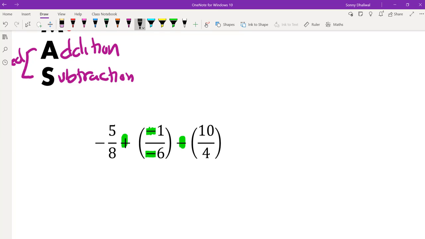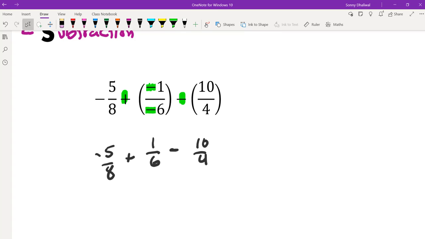So just those two negatives cancel each other to make a positive. So this negative right here remains, and the negative in front of the 5/8 remains. Okay? I'll bring that up a little bit higher. Negative 5/8.